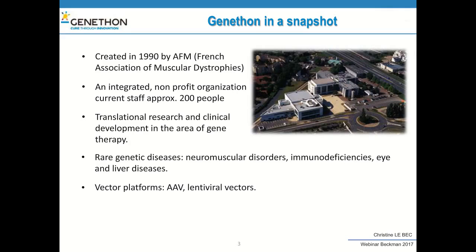Genethon is developing therapies for rare genetic diseases, neuromuscular disorders, immunodeficiencies, and eye and liver diseases. Our platform is based on AAV and lentivirus vectors.